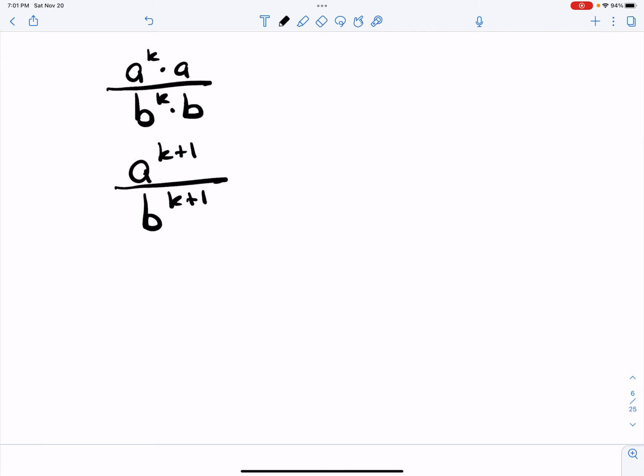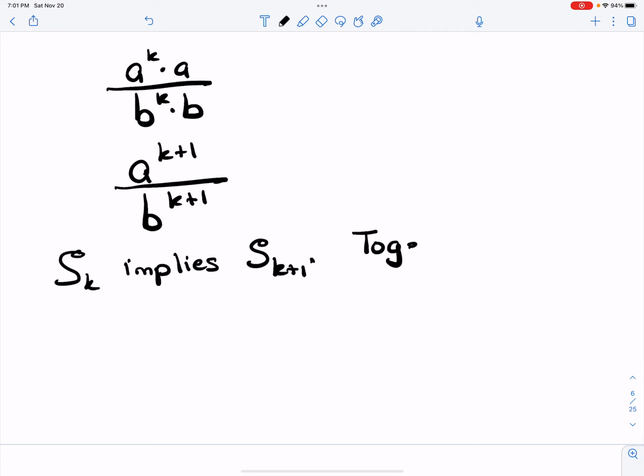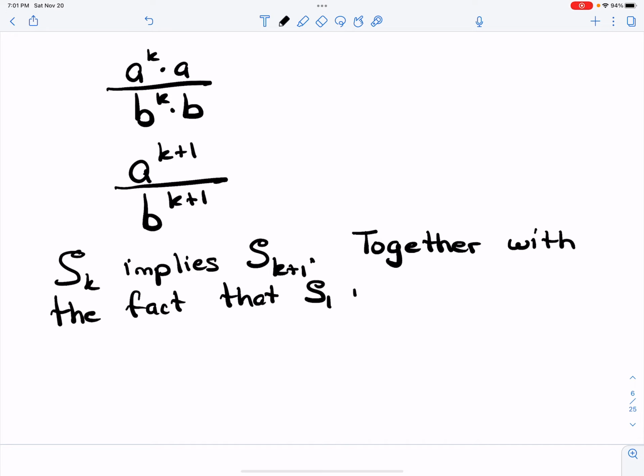So we can say S sub k implies S sub k plus 1, together with the fact that S sub 1 is true. We can say that S sub n is true for every positive integer n.